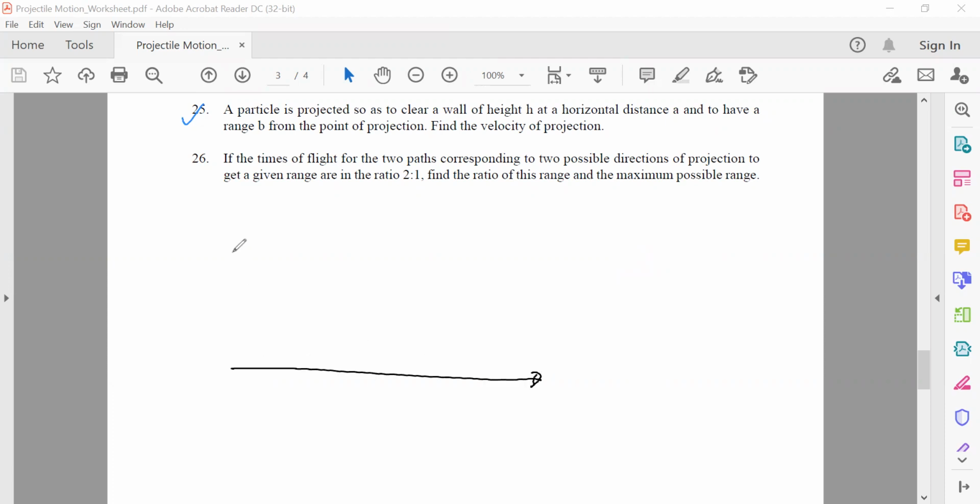So I'm just making a rough sketch of the diagram. The information that is given to us is that this range is given as b. And let's say this point over here has a height h, it just clears a wall.